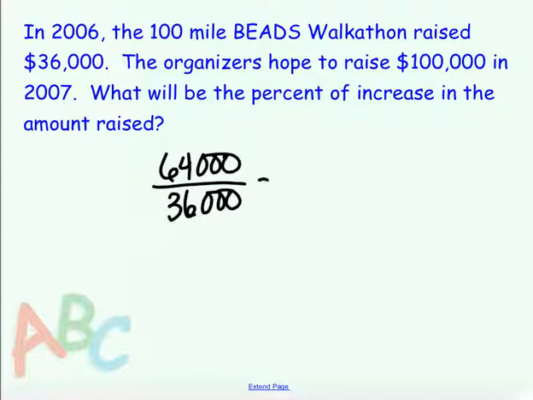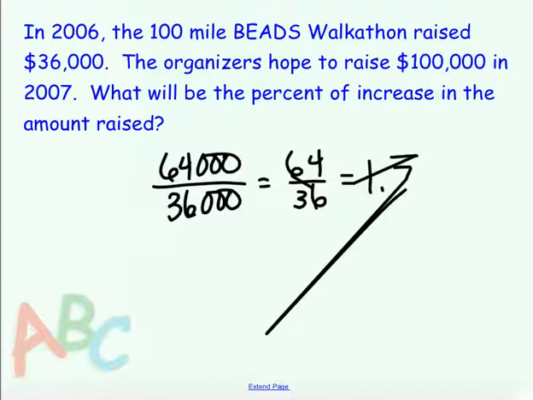Which means I can do some simplifying and say that's really just 64 over 36. And from there, obviously, we can continue simplifying, or we can just divide and see that 64 divided by 36 is 1.7 repeating.